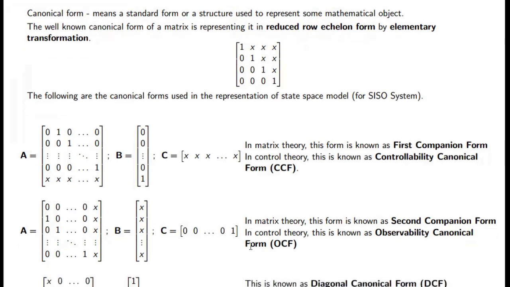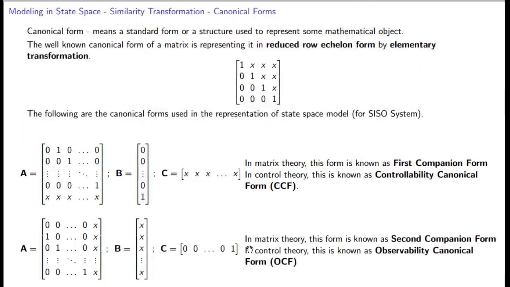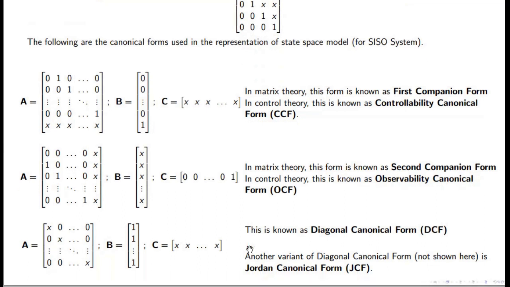In diagonal canonical form, we have another variant called the Jordan canonical form. In that case the diagonal elements will not be distinct; they will be repeating.